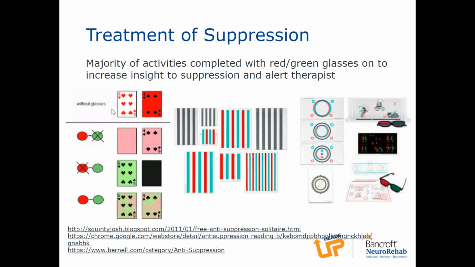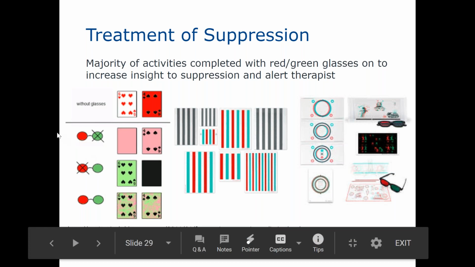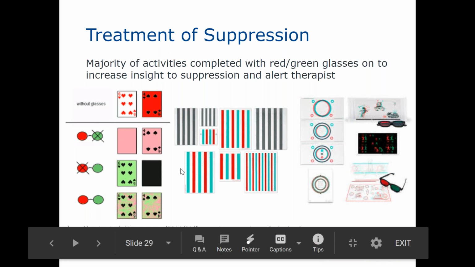If they're suppressing the eye that the green lens is over, it's going to look like the second picture down. Opposite, if they're suppressing the eye with the red lens over it, it's going to look like the third picture down. And then if it's normal, it's going to look like that bottom picture. So again, we're trying to see how long they can maintain more of this bottom picture before things start missing again.